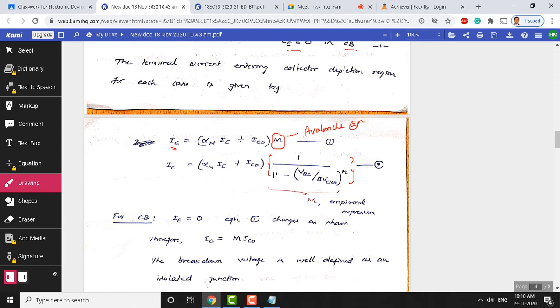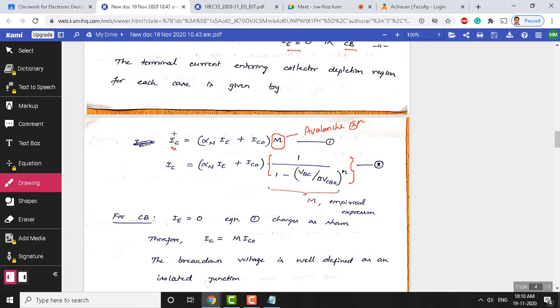So I just suggest you remember these equations, and you should be aware of the end results. Let us not worry about how we got these expressions, because our syllabus says it is a qualitative discussion. Just focus on the outcomes of this equation.